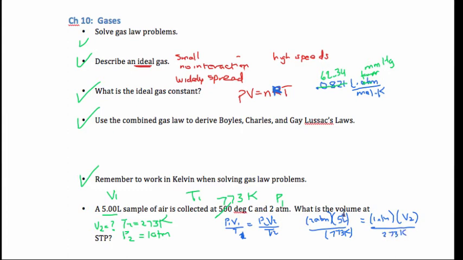You'll get V2 is 3.5 liters. We really only have one sig fig, so we'll say it's approximately 4 liters. We're limited by that too right there.